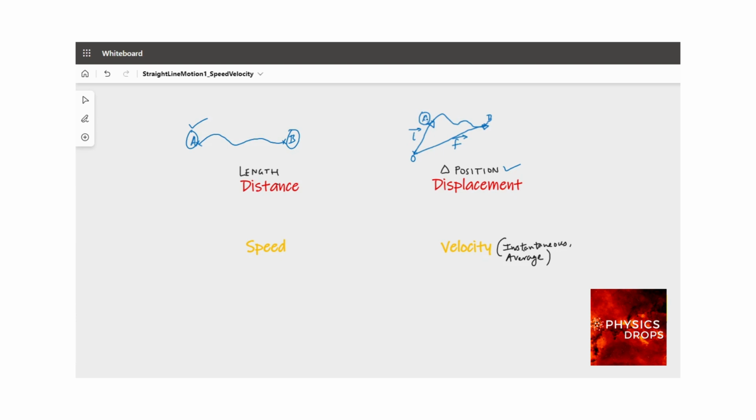So from position A, I move to position B. I could have traversed it along this path, or I could have gone like this, or whichever way.